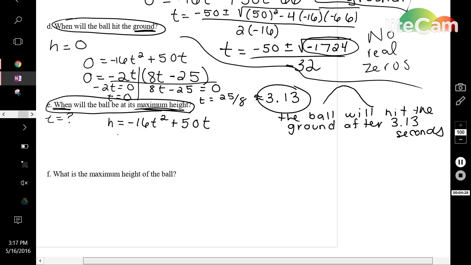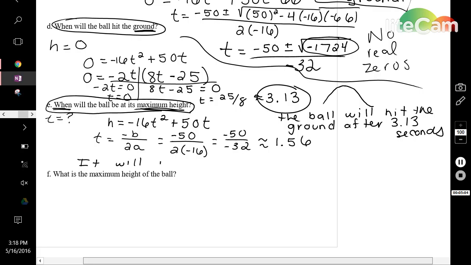So at this point, I would plug in my values into t is equal to the opposite of b over 2a. Well, the opposite of 50 is negative 50, and a is negative 16. So negative 50 over negative 32, when I put that in the calculator, to the nearest 100th, I'd get 1.56.